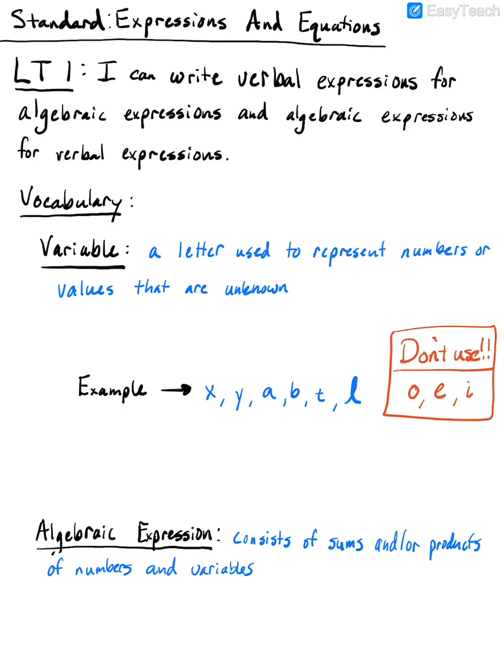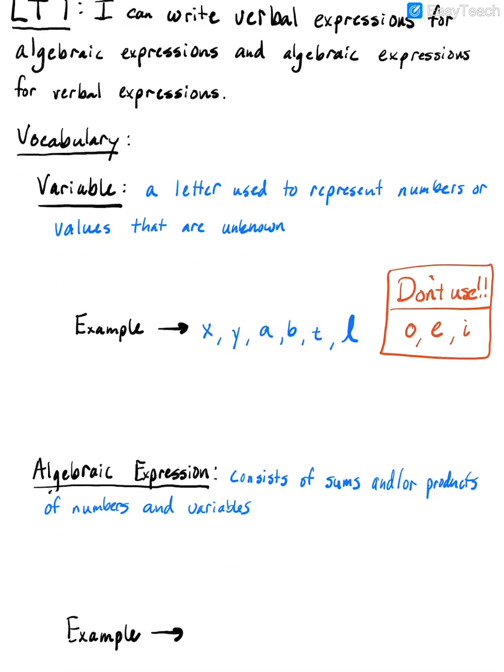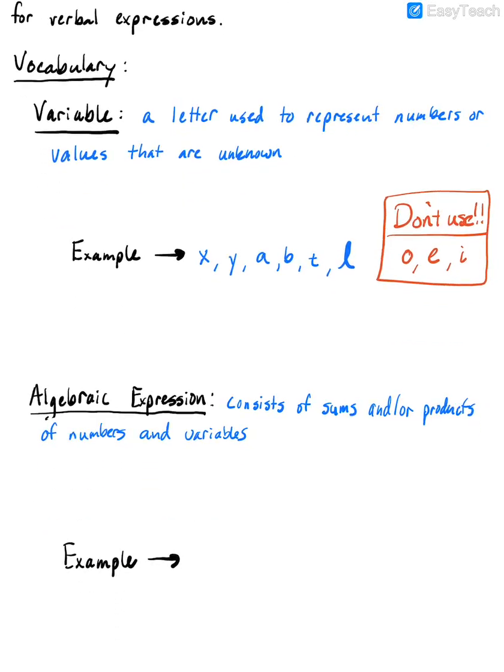Okay, so here, an example of an algebraic expression would be like 5.4m, or the expression of 3x minus 4c.